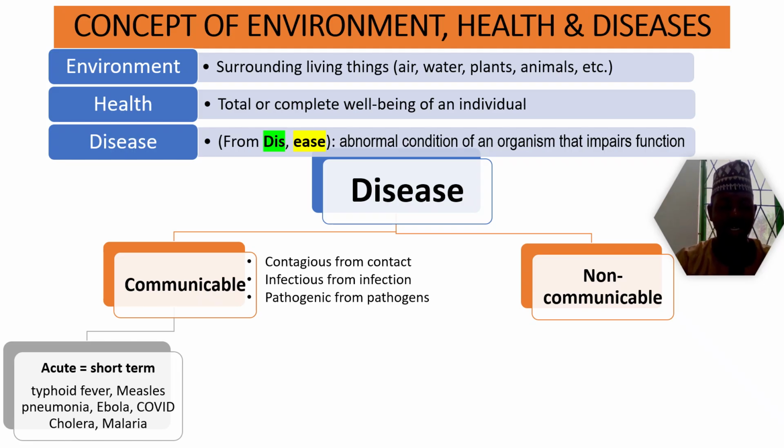All these are diseases that can occur within a short period of time. They are all caused by pathogens, and therefore they are communicable or pathogenic diseases, and they can occur within a short period of time in which either the patient survives and recovers, or maybe the patient dies as a result of the disease.